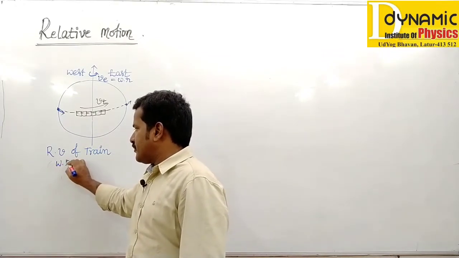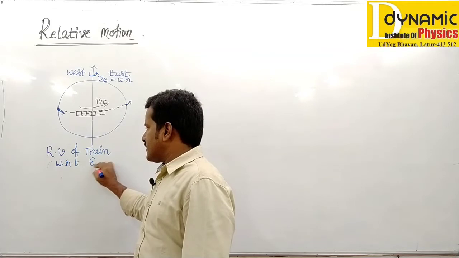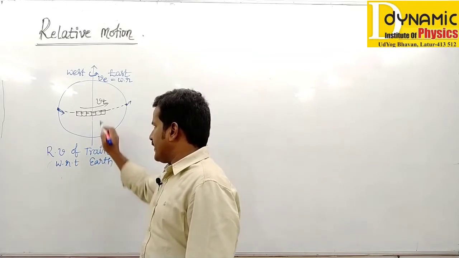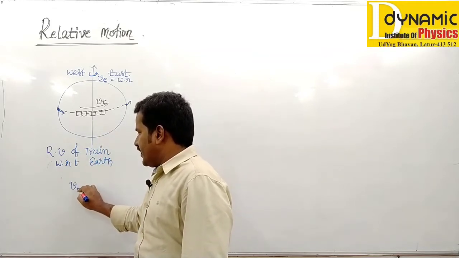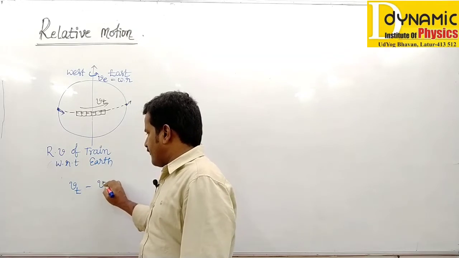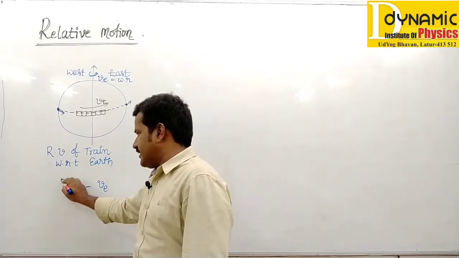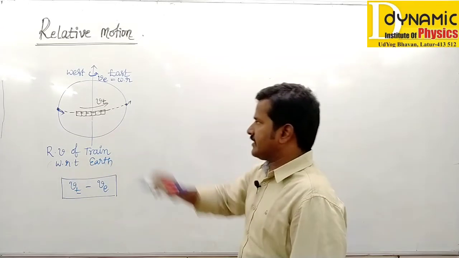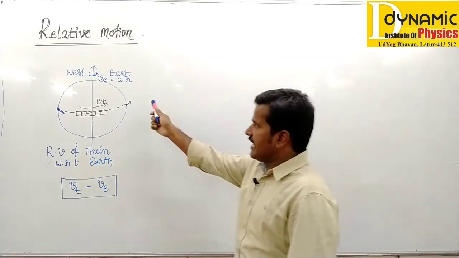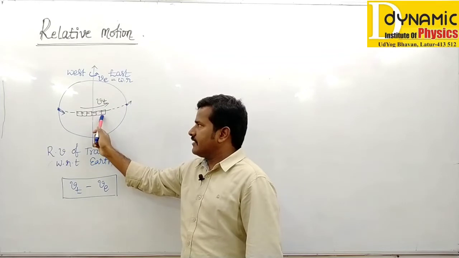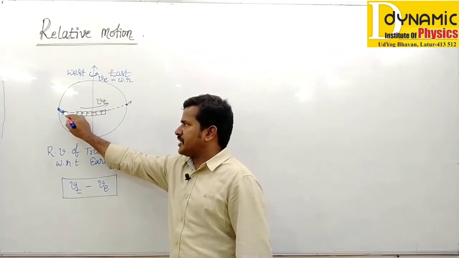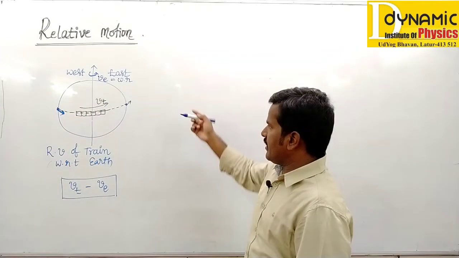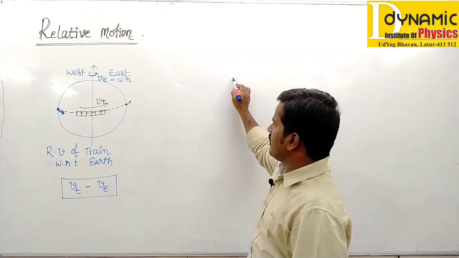With respect to Earth, its value becomes Vt minus Ve. This is the relative velocity of the train with respect to Earth if the train and Earth move in the same direction.